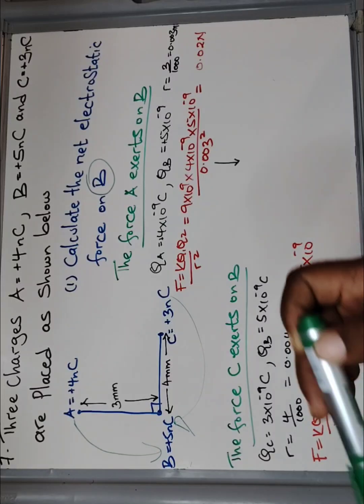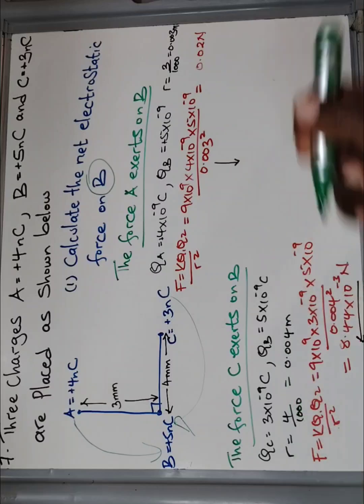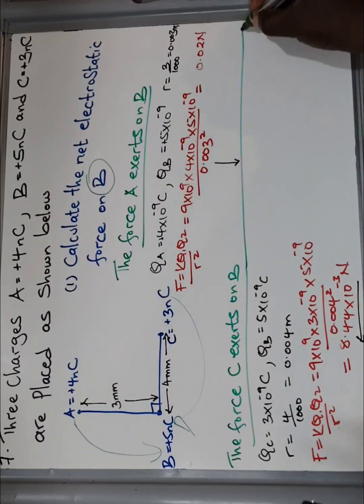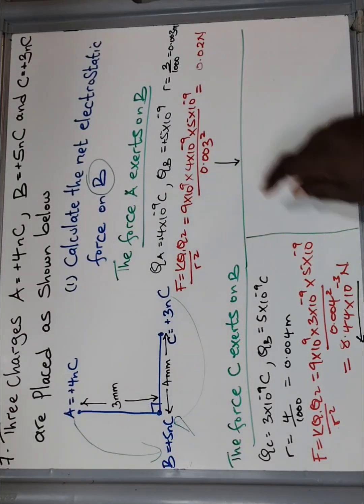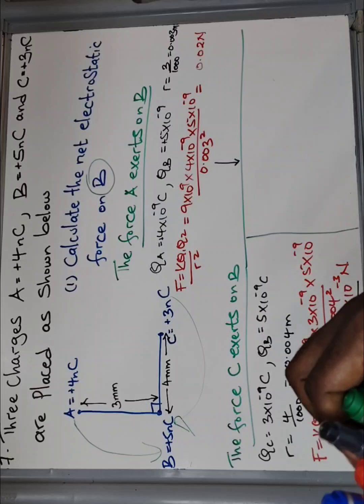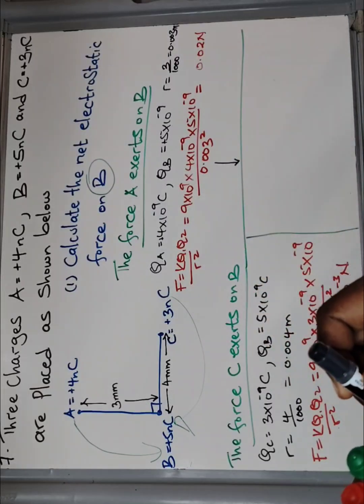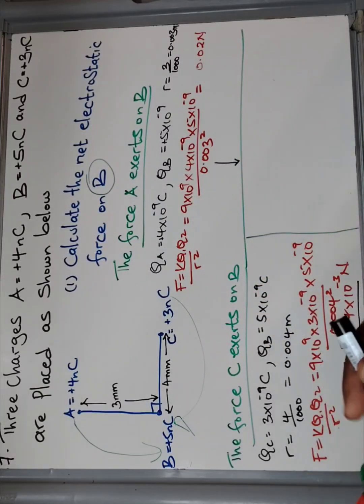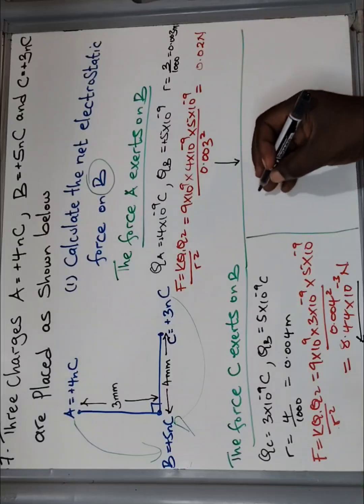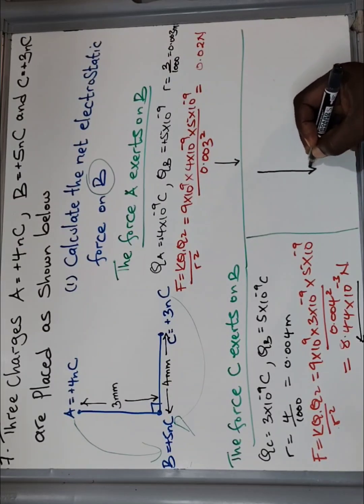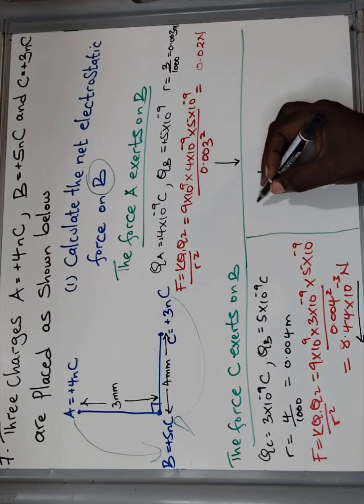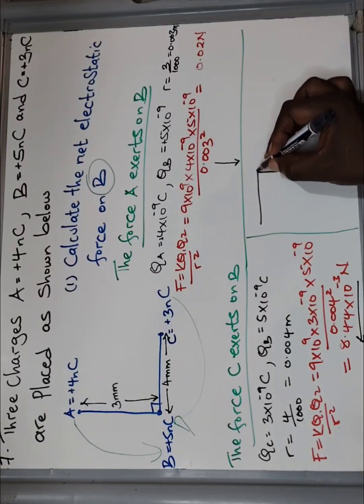So what is our next step? Our next step is to combine F1 and F2 into some form of a diagram. So this is what we are having. We are having our F1 going downwards and our F2 going to the left.